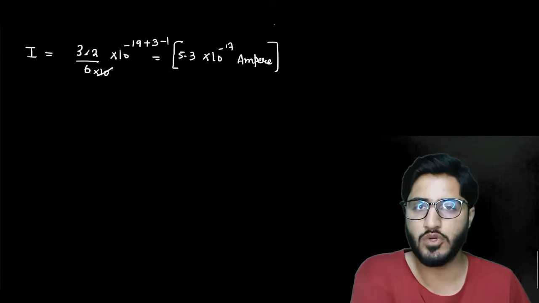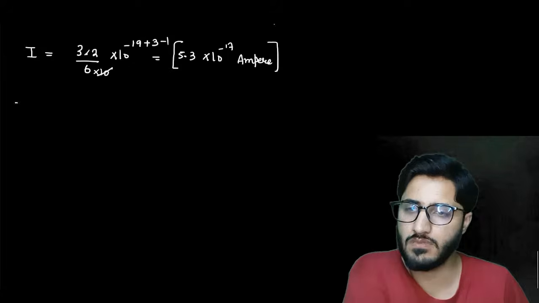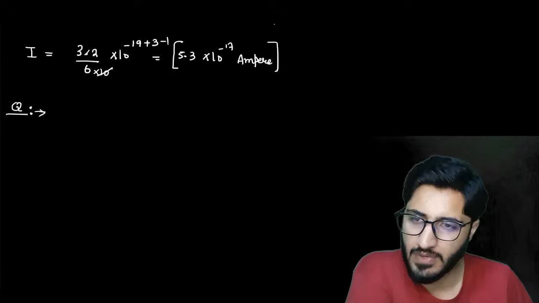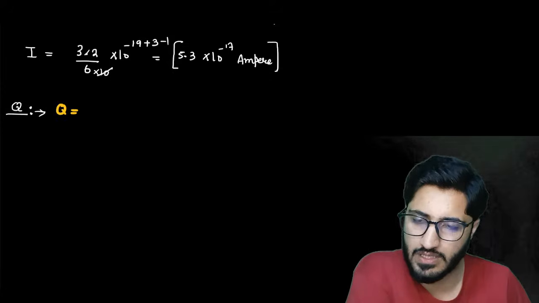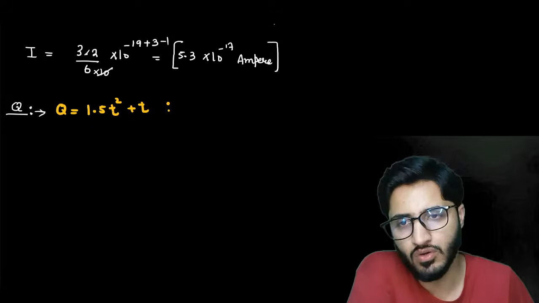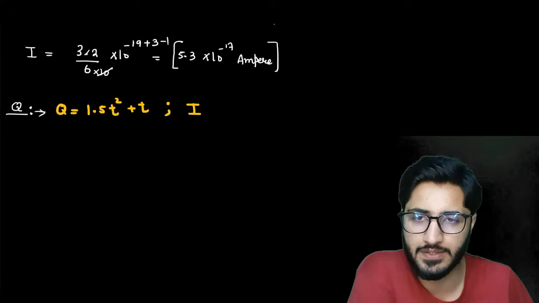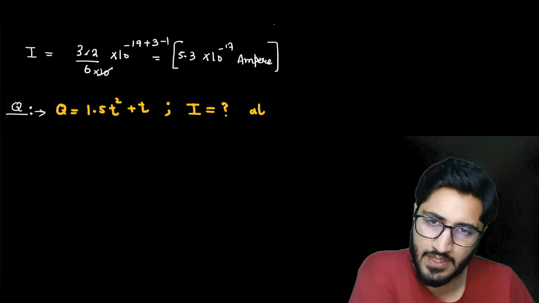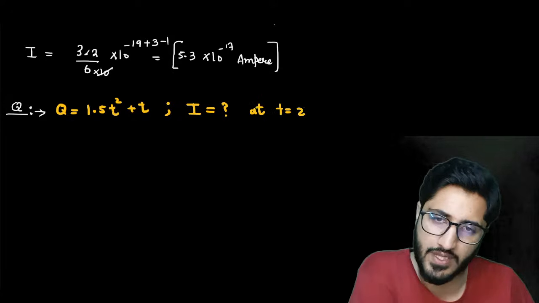Okay, one more numerical. My charge Q is given as 1.5 T square plus T. I need to find the current at T equal to 2 seconds.